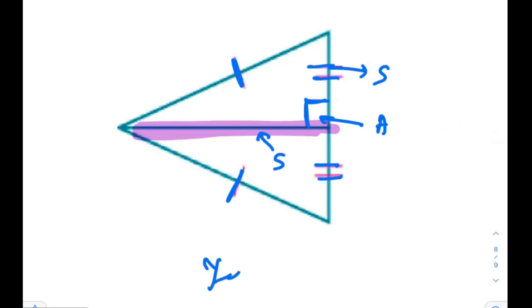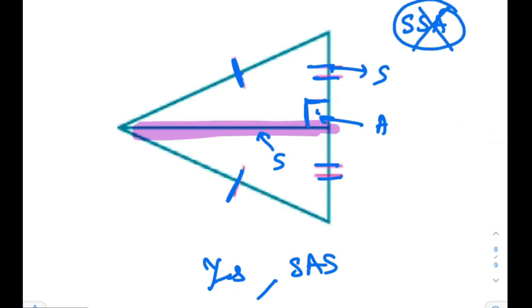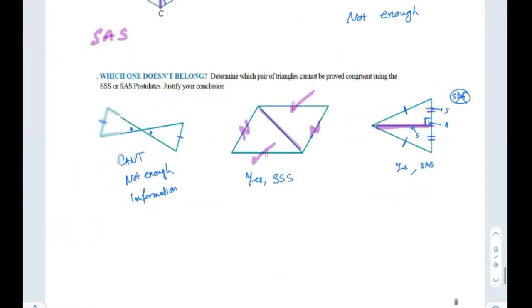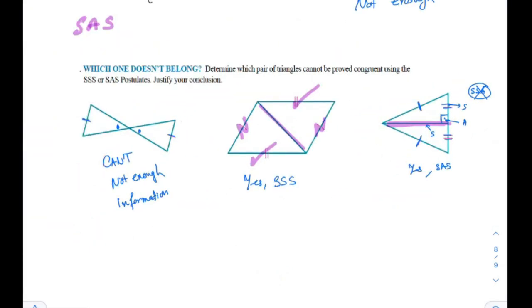So yes, using side, angle, side. Because if you mention only this side and this angle and this side, it becomes side, side, angle. There is nothing called side, side, angle. So in this case, we were able to prove that the first one only cannot be proved congruent using the SSS or SAS postulate.